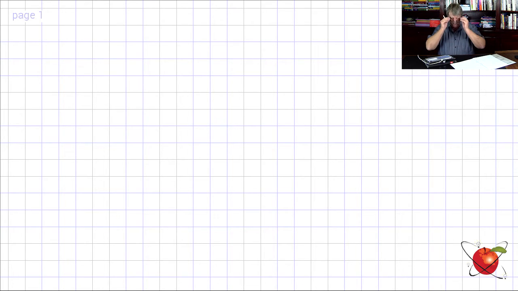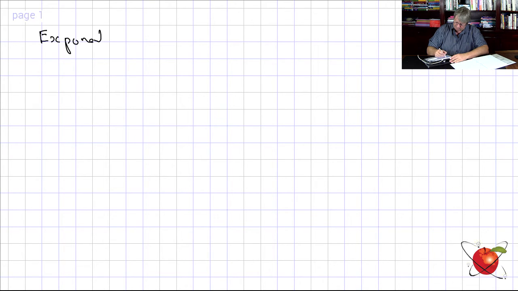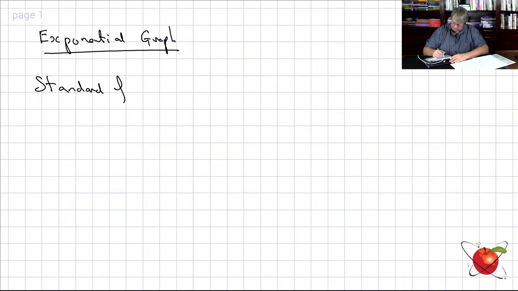In this section, I'm going to finish off, hopefully, the exponential graph, okay? Now, the exponential graph, if we remember from the past, has its own specific standard form: y equals a b to the x plus q.